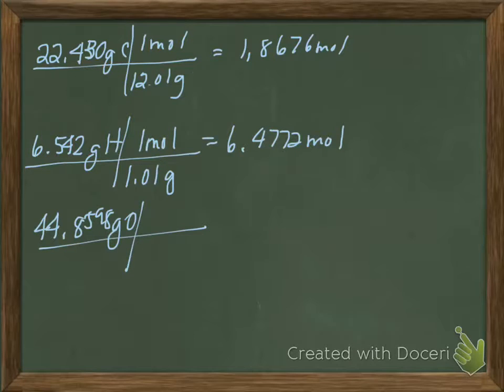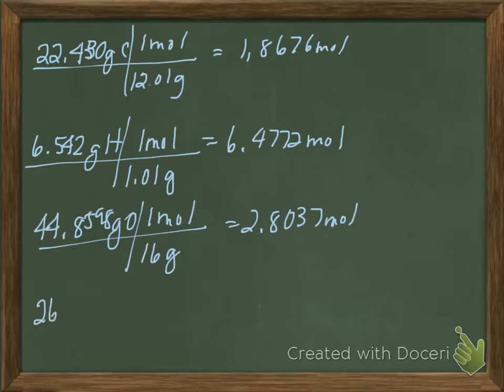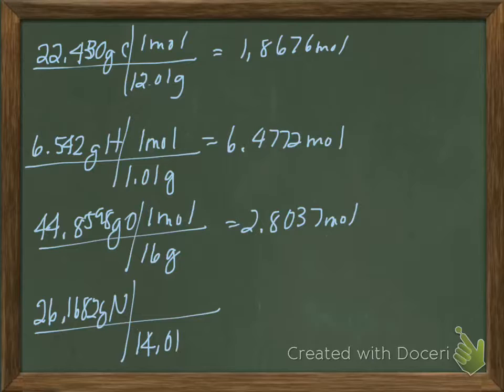It's not diatomic when it's in a compound. So it would just be 16. And we get 2.8037 moles. And then nitrogen is last, 26.1682 grams of nitrogen. And again, not diatomic when it's in a compound, so we just use the 14.01.